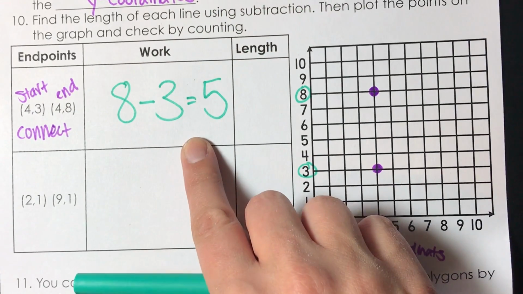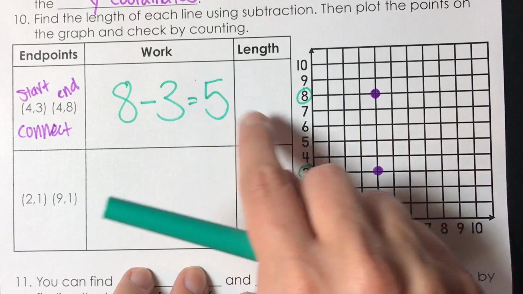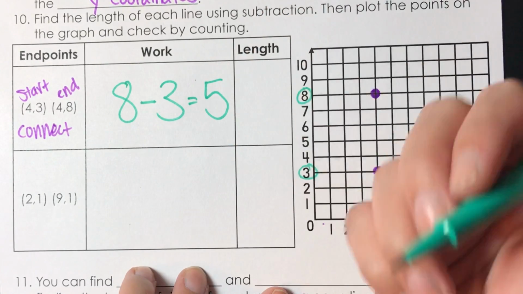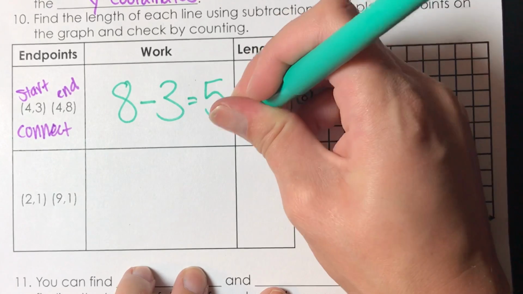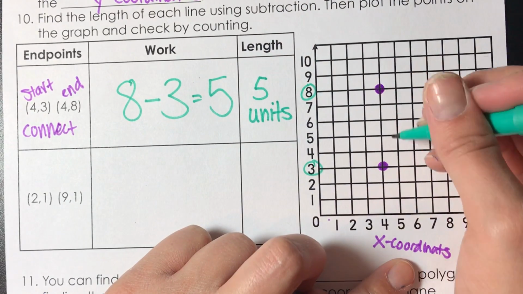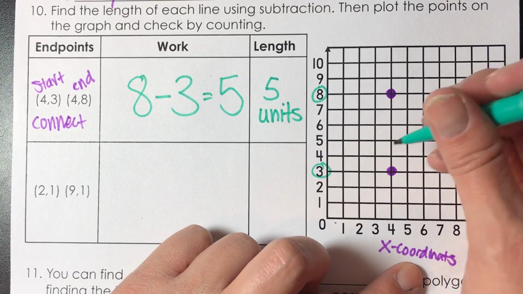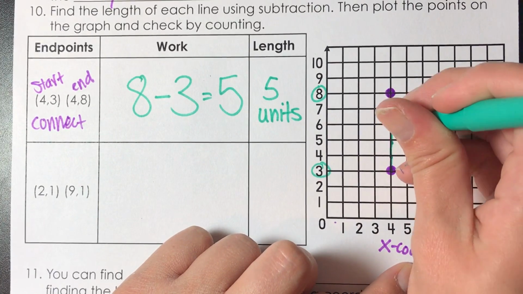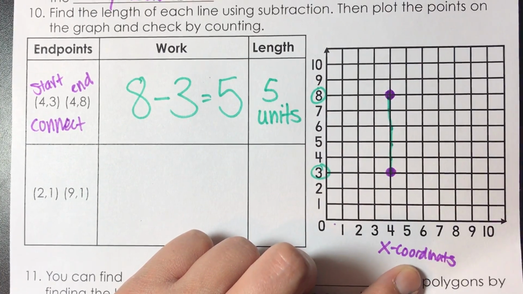I know that was really challenging, but I believe in you. So the last thing you have to do is you don't just say 5, you would label your answer as 5 units. You also could have just counted from each endpoint, which is Miss Madera's preferred strategy, 1, 2, 3, 4, 5. Can I point out one more thing?